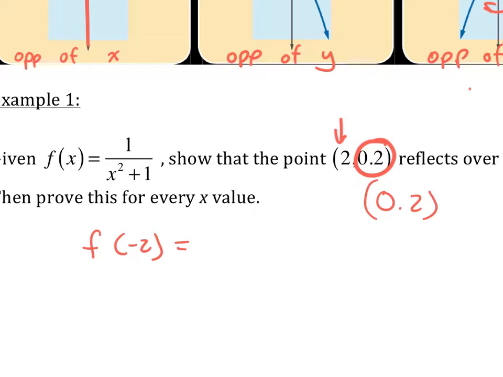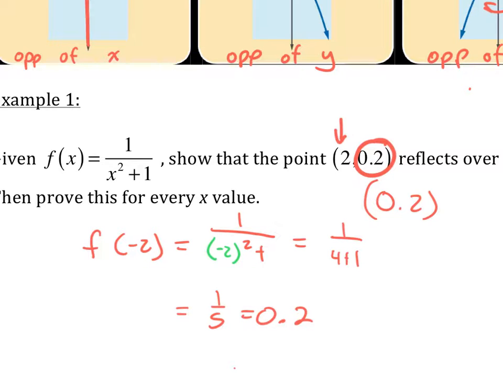So let's just plug and play. Notice the double negative becomes positive, so that's 1 over 4 plus 1, and that's 1/5. For those of you who know your conversions, there we go. So I've demonstrated for this example: if I plug a 2 in, I get 0.2. If I plug a negative 2 in, I get 0.2.